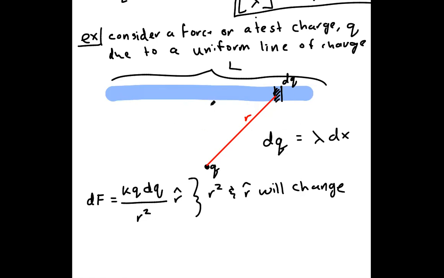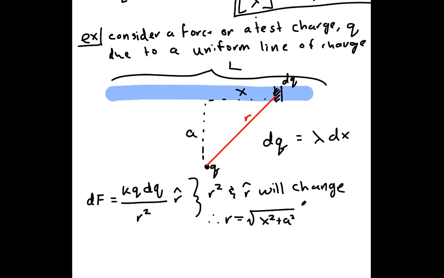Well, if we establish this distance as a and this distance as x, x will change, a will remain constant as we move from dq to dq to dq along this line of charge. So r is just going to be the square root of x squared plus a squared, the Pythagorean theorem.